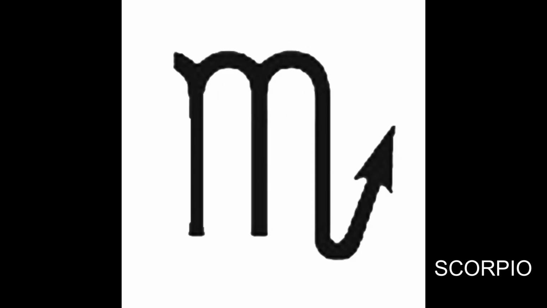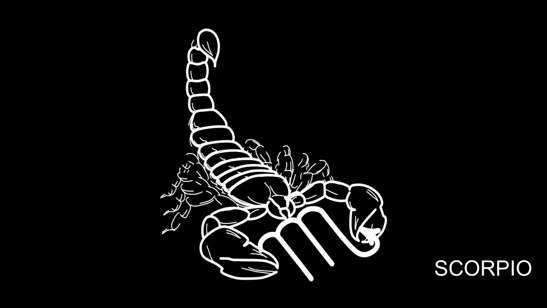Scorpio. Sidereal Scorpio dates November 17th through November 29th. Mode, fixed. Symbolized by the scorpion. Element of water. Its ruling planet is Pluto, and it rules the 8th house. Its polarity is negative.